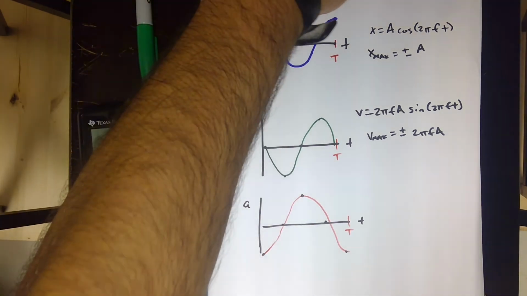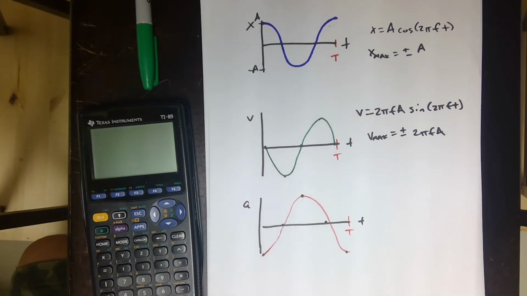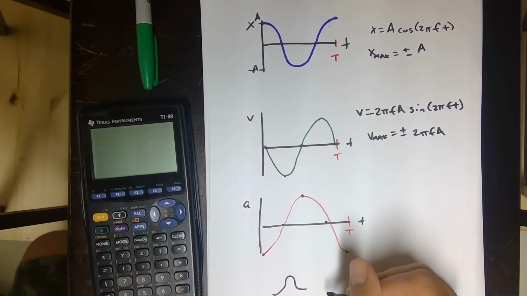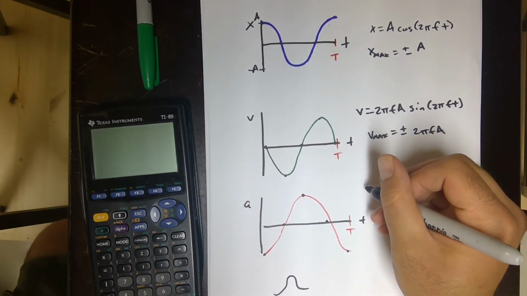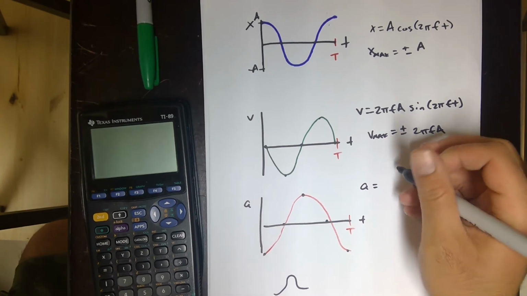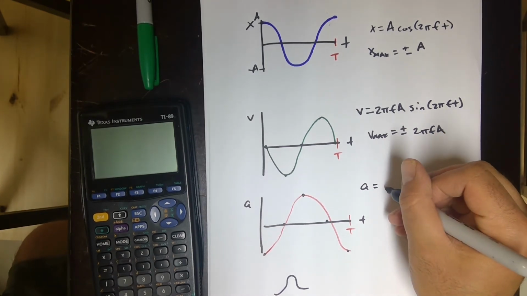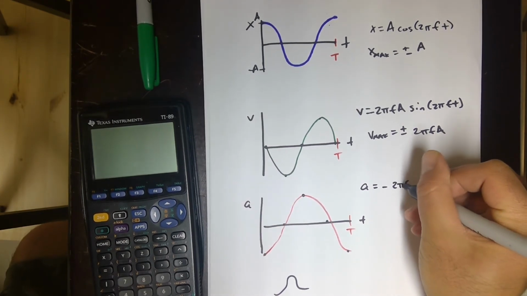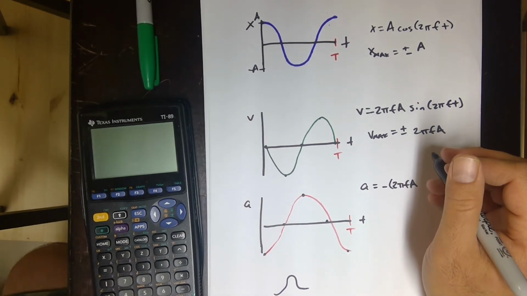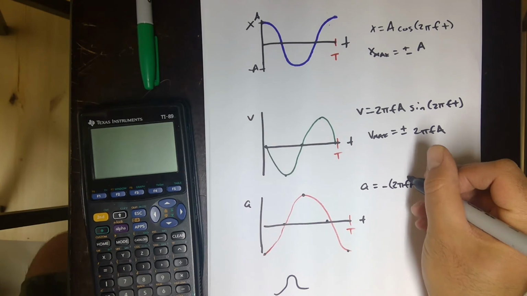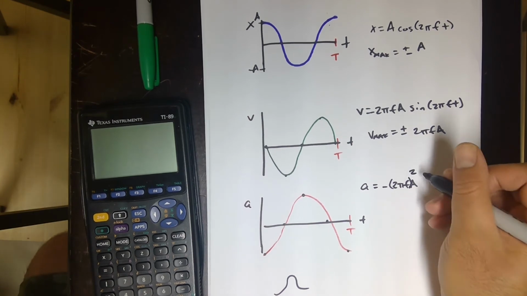So essentially our acceleration, if you take a look, and my drawing is not the best drawing, but I was hoping it would look more like that. That's pretty crappy too. It's going to be a negative cosine curve. I'm going to give up with my drawings here. It's going to be negative (2 pi f) squared times A. Let's put the 2 pi f in parentheses and square it.